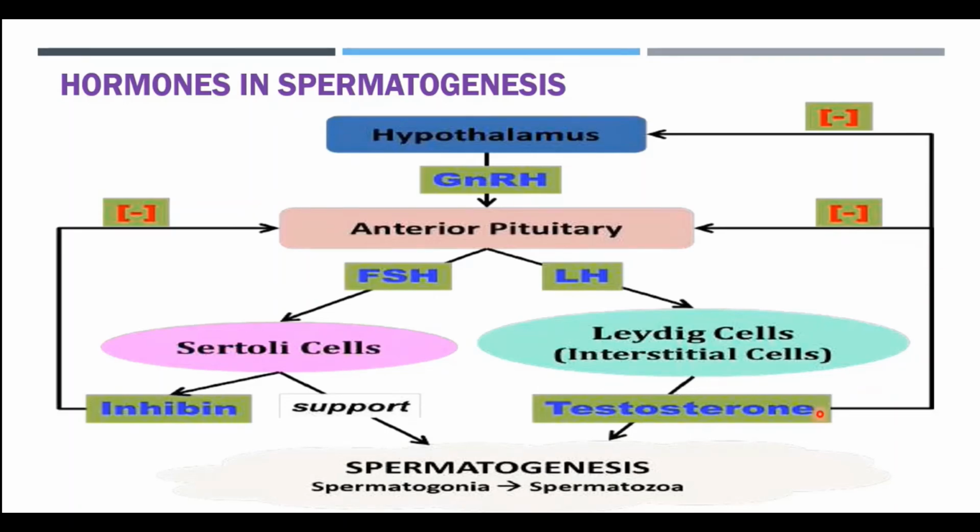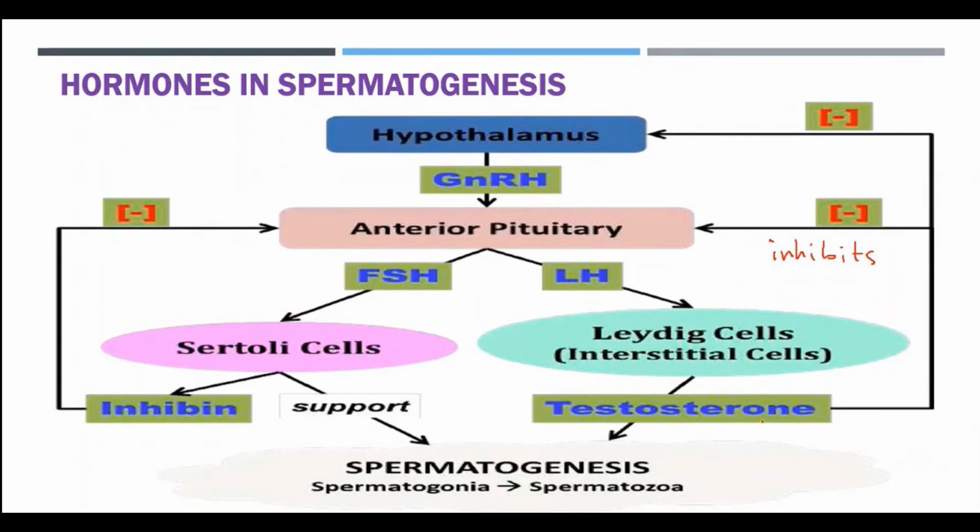In the brain, the testosterone will inhibit the anterior pituitary gland. When the testosterone inhibits the anterior pituitary gland, then the production of FSH and LH will be reduced, and so spermatogenesis will also be reduced. So the level of the sperm will decrease.